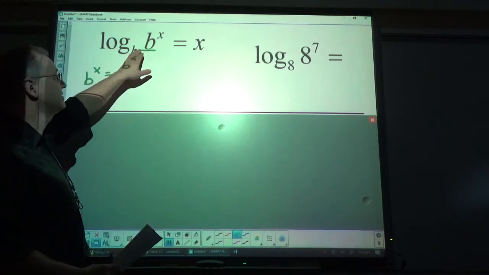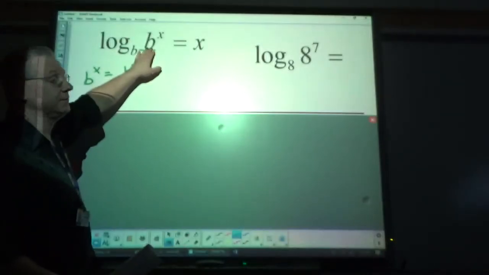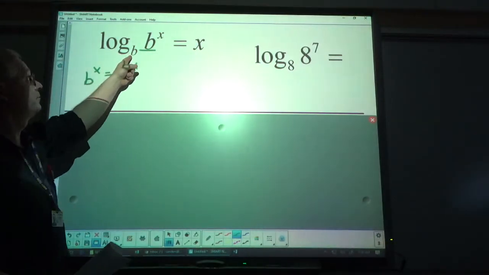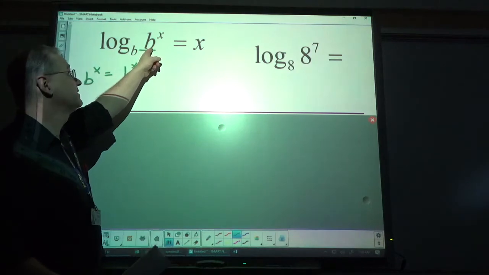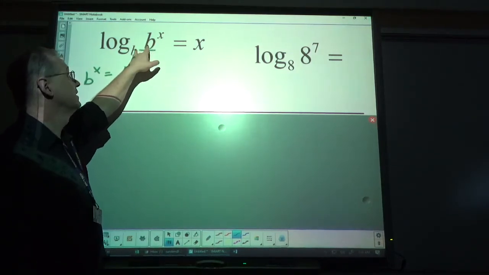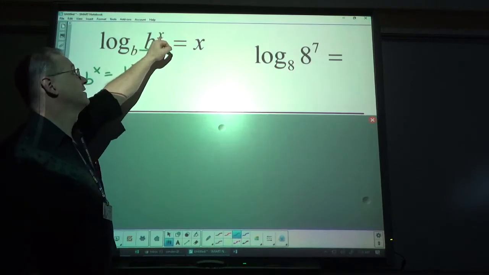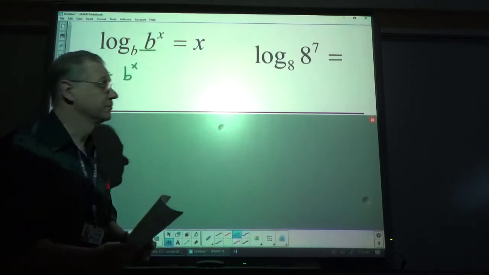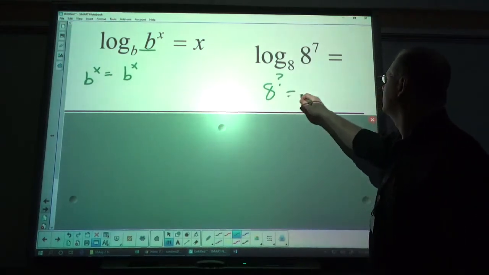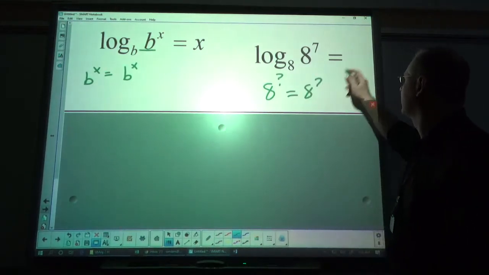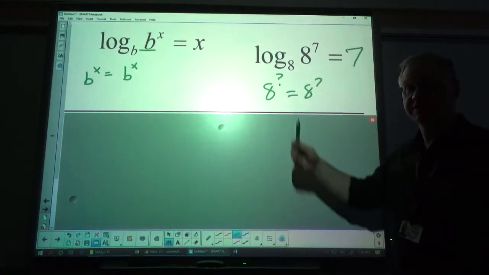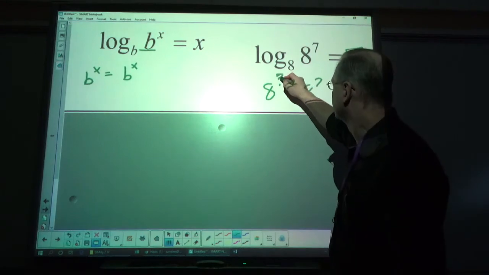When the base of the log and the base of what you're taking the log of, which is something to a power, are the same, then the exponent is the answer. So 8 to what power would equal 8 to the 7th? Well, 7, because the powers would have to be the same. That's a question mark, by the way.